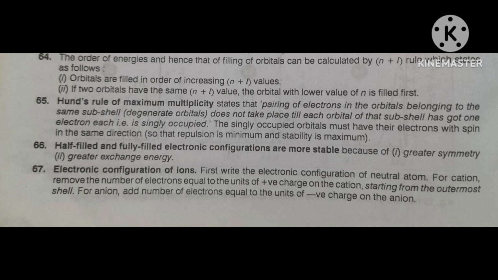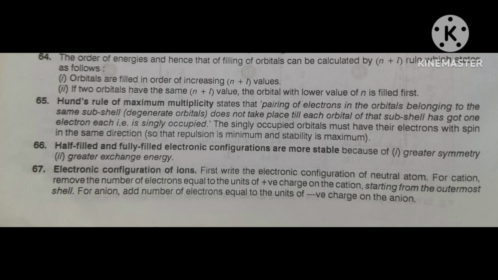First, orbitals are filled in order of increasing n plus l values. You add both, n plus l, and whichever is less will go first, then the greater.